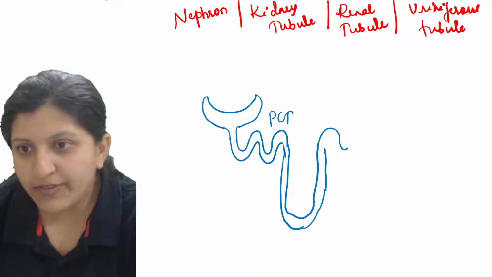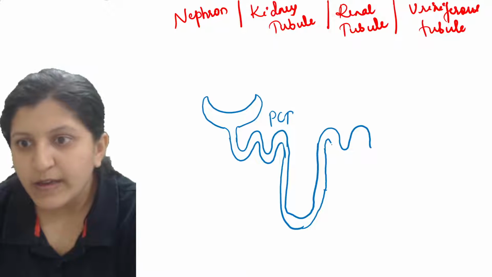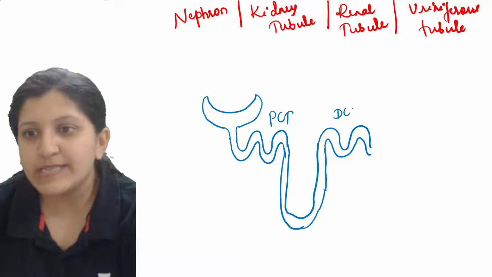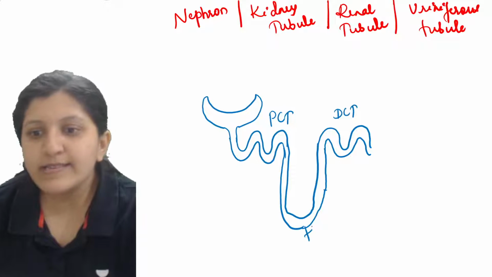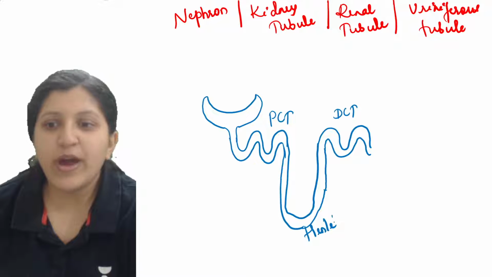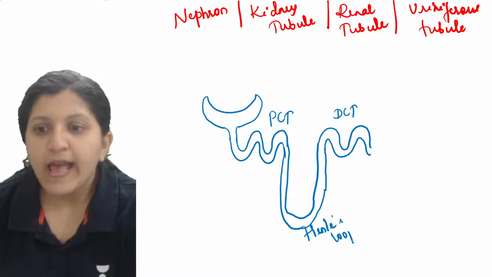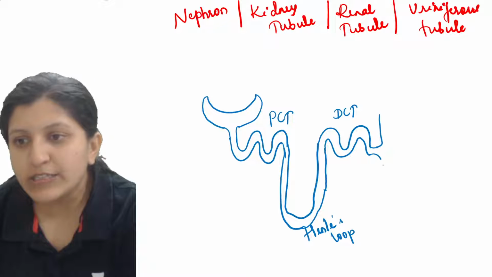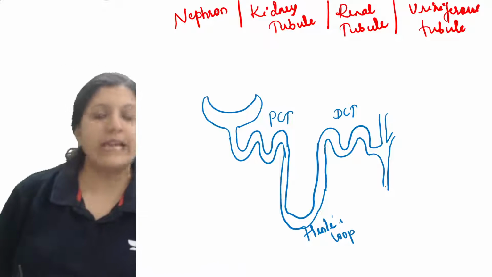Now there is a DCT over here, so we'll label this as DCT, and this is Henle's loop. This is connecting to the collecting duct over here.